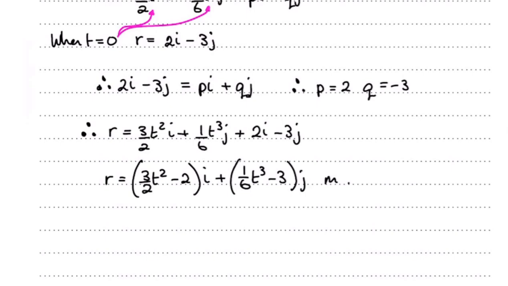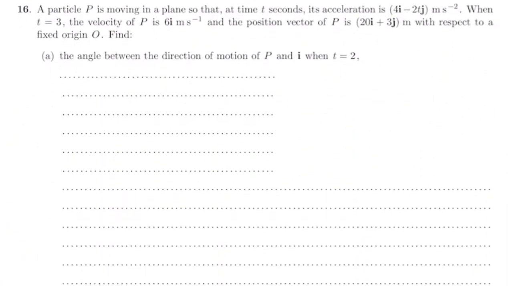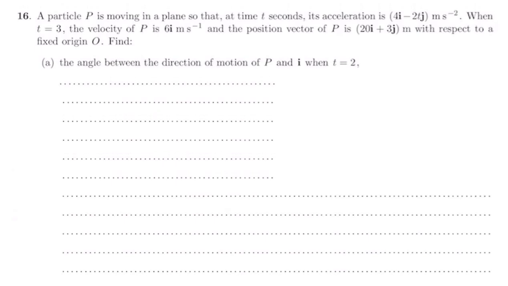Okay, right, so let's have a little look at the next example. This is example 16. It says a particle P is moving in a plane so that at time t seconds its acceleration is 4i minus 2tj. Now notice that's variable because it's got t in it.